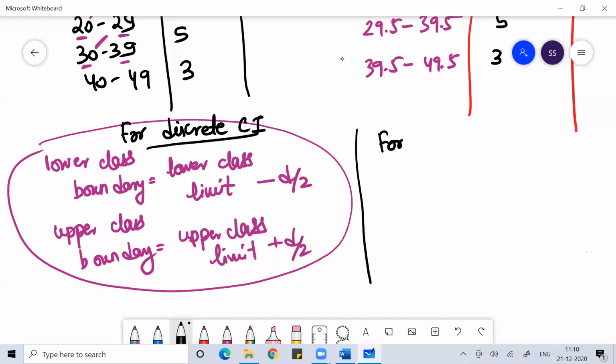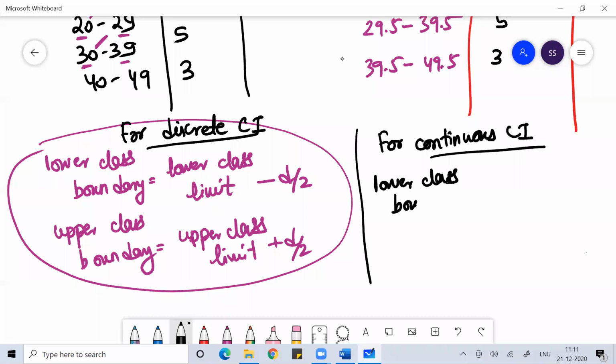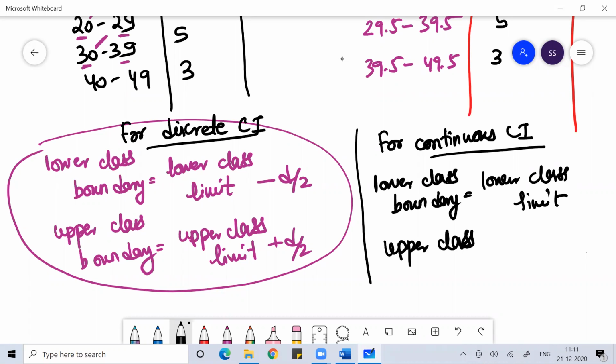While whenever we speak about the continuous class interval, lower class boundary is equal to lower class limit, and the upper class boundary is equal to the upper class limit.